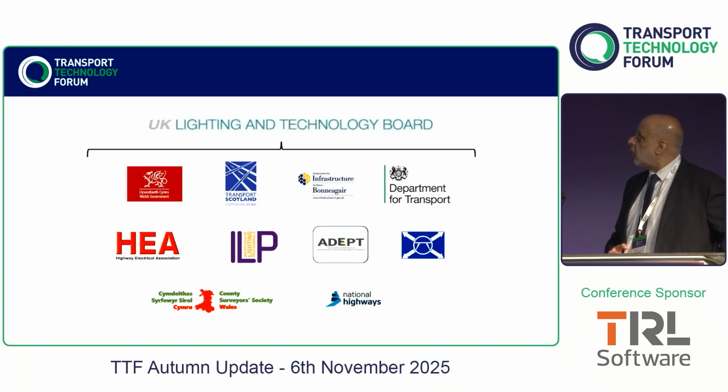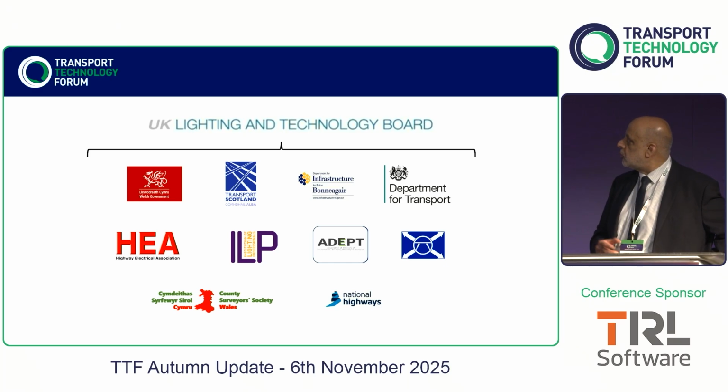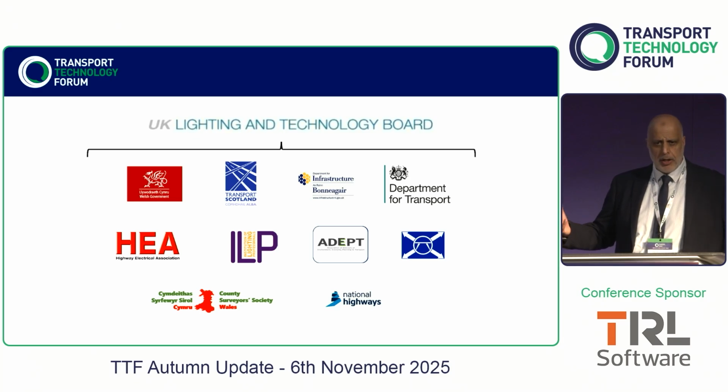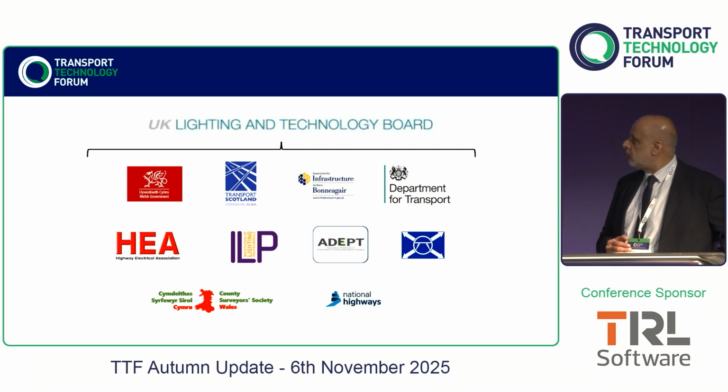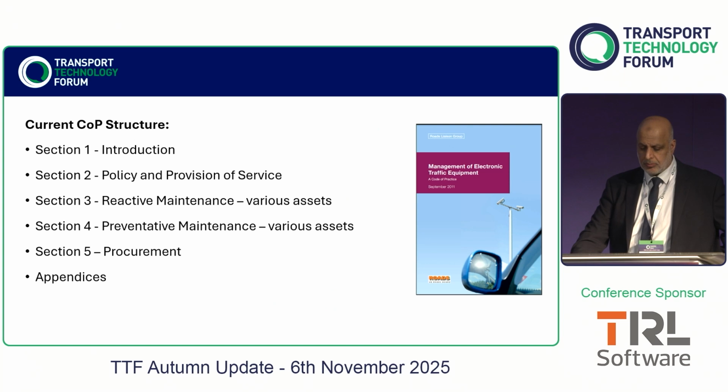So within the Lighting and Technology Board, there are the 4 nations that are part of it. There are other institutes and associations like the Institute of Lighting Professionals in there, and the ADEPT, and I represent the ADEPT group. So that's the reason why I've been asked to. And as you can see, there's Highway Electrical Association and National Highways involved within that board as well.